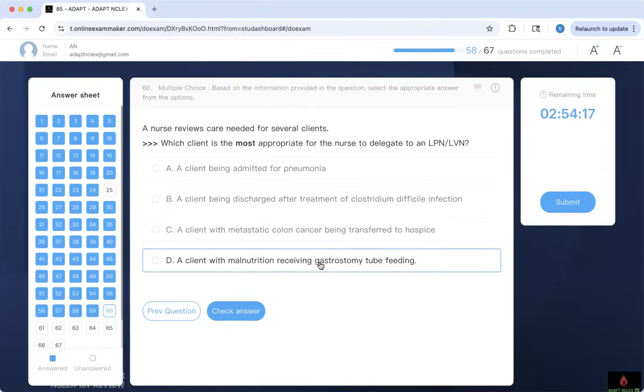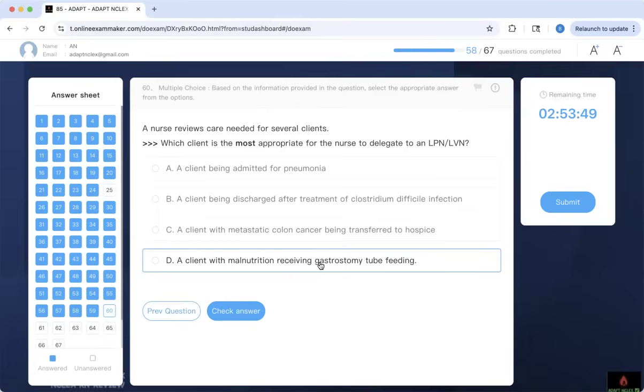Let's review care needed for several clients. Which client is the most appropriate for the nurse to delegate to the LPN? Reinforce, MMR most. Monitor, most medication, reinforce, special tests, they can do all. The client admitted for pneumonia needs an initial assessment, no. A client being discharged after treatment of Clostridium, no, you need better teaching.